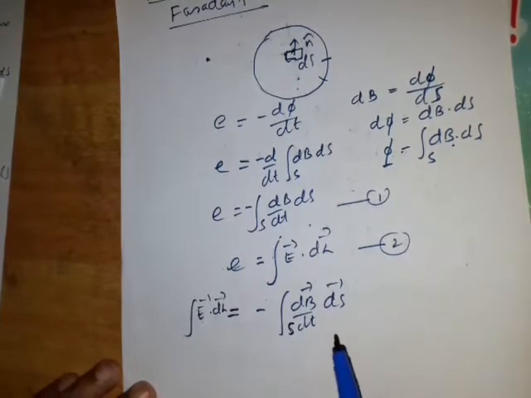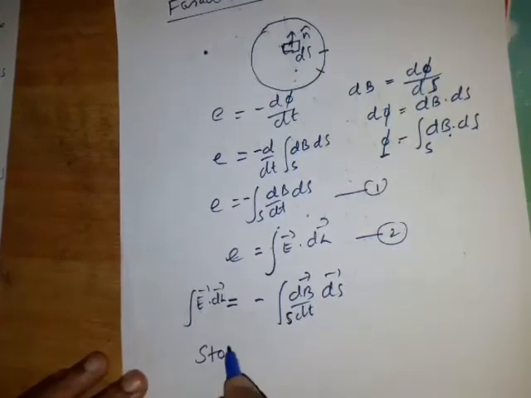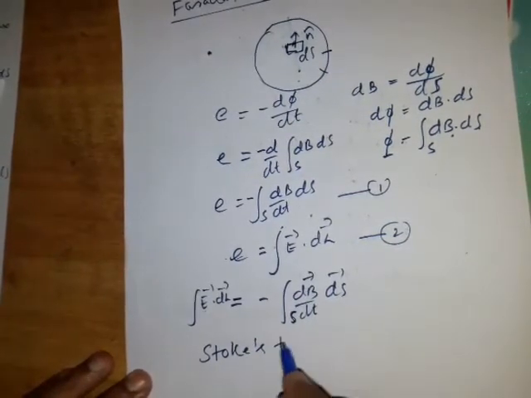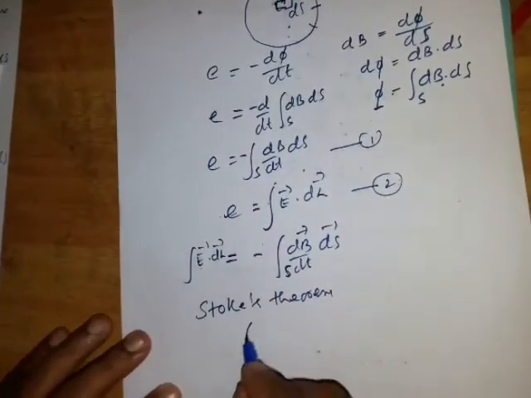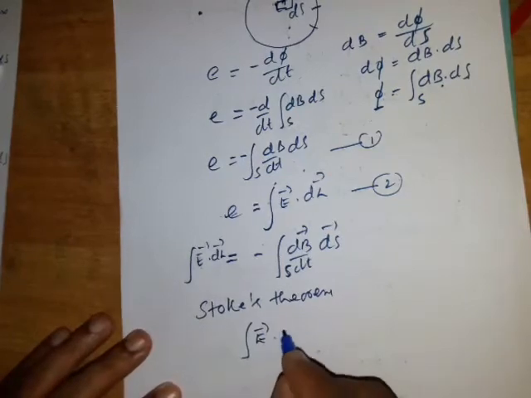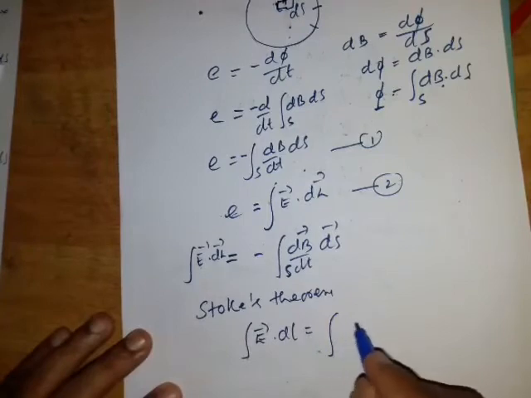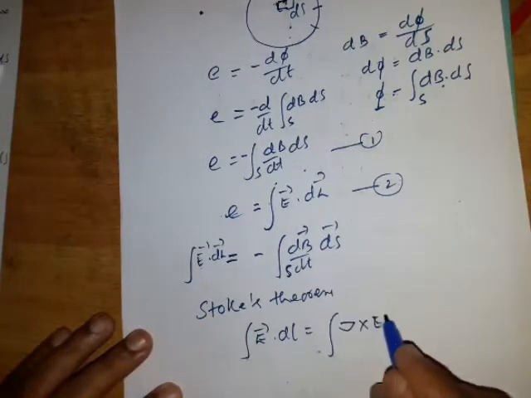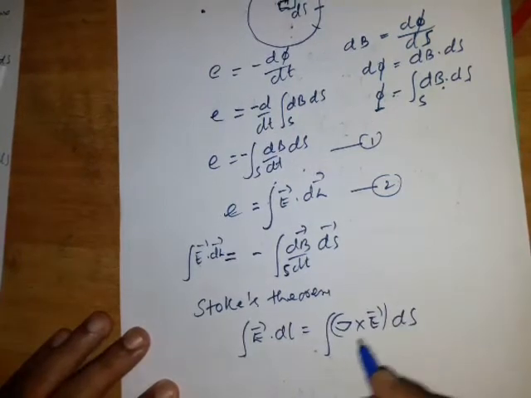Here I will use Stokes theorem. You recall Stokes theorem, it tells us that the line integral of E dot dl is equal to the surface integral of curl of E over the surface ds.